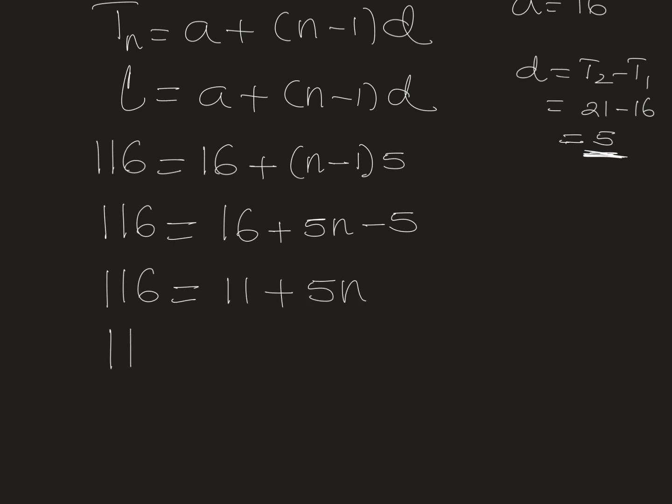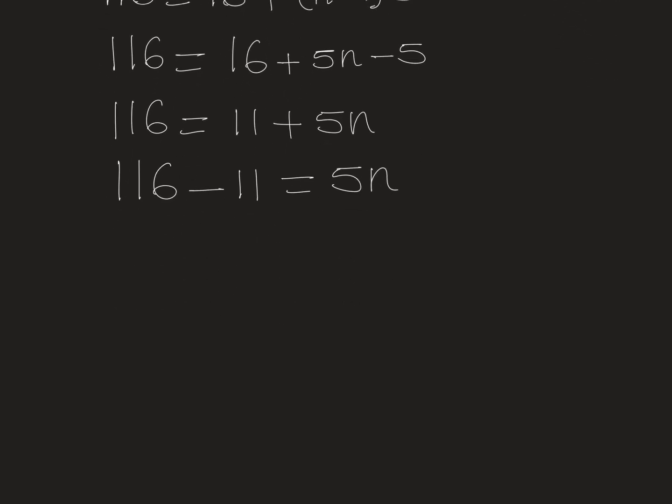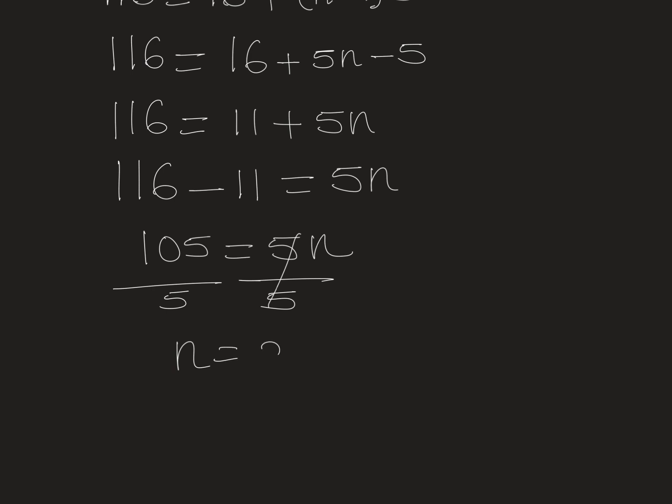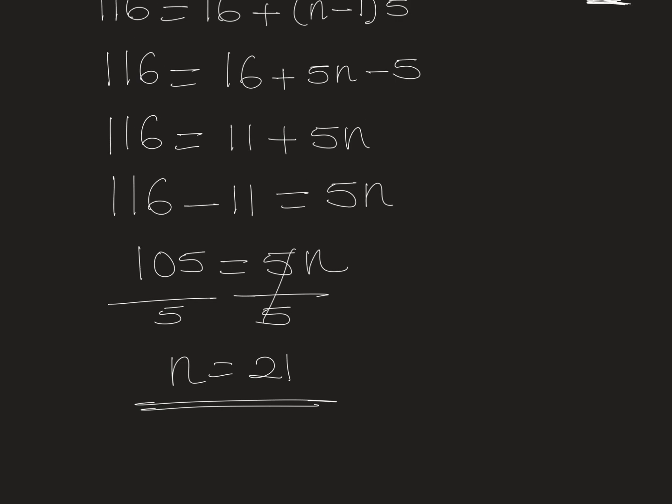Collecting like terms, you'll have 116 minus 11 is equal to 5n. 116 minus 11 is 105, so that is equal to 5n. To find n, we divide both sides by 5. So therefore, n is equal to 105 divided by 5, which is 21. So you have 21 terms.